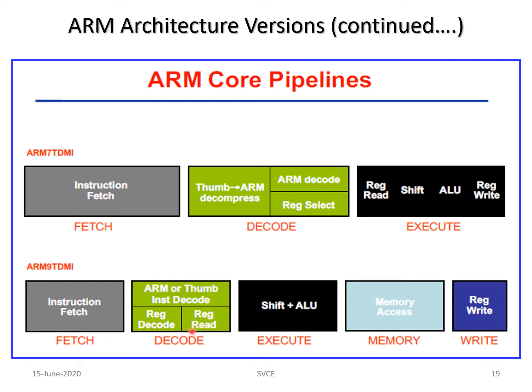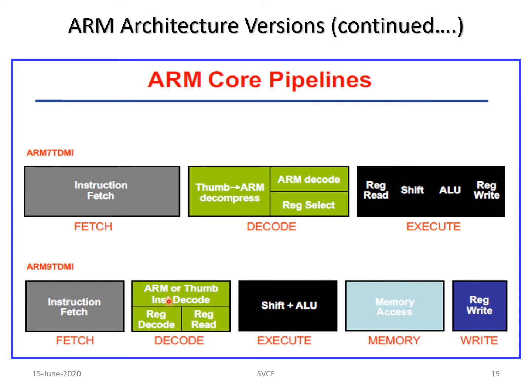Now in the decode stage, additional hardware is used which can decode either Thumb instructions or ARM instructions. That is, not a single hardware: hardware which can decode ARM instructions and hardware which can decode Thumb instructions are all placed here.